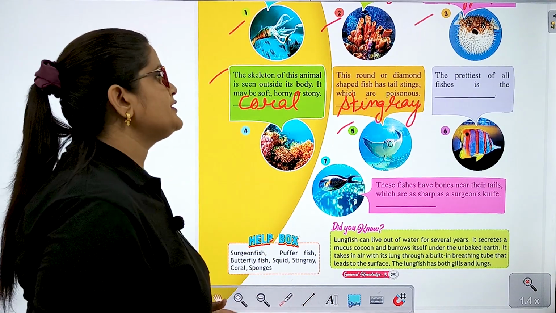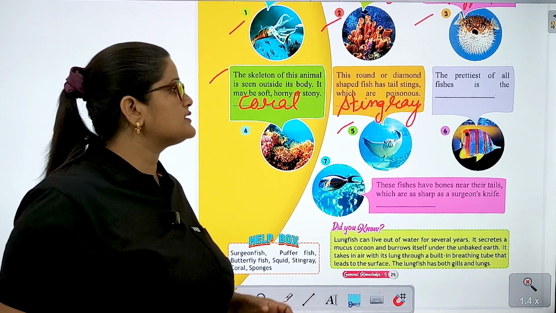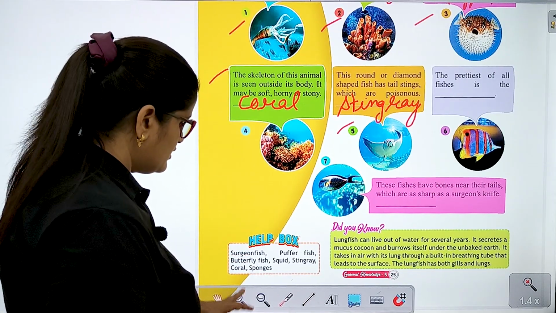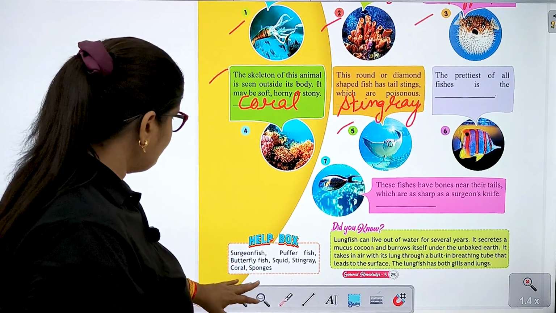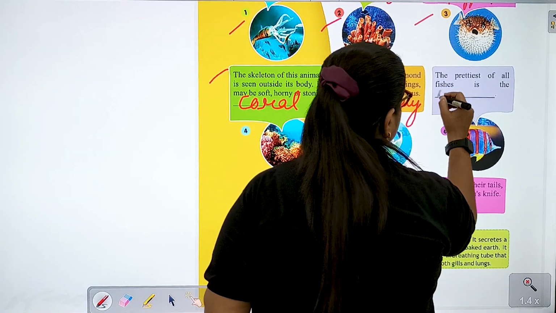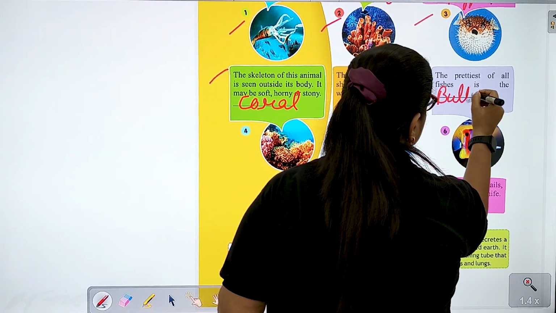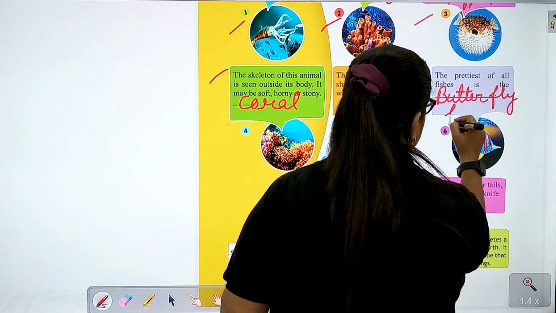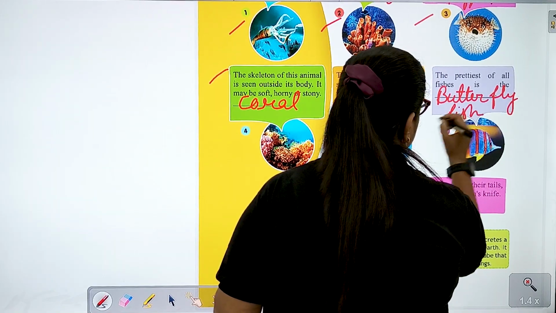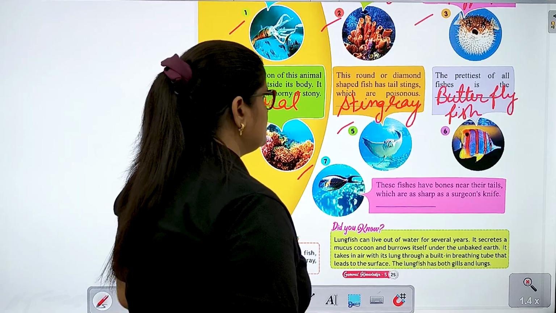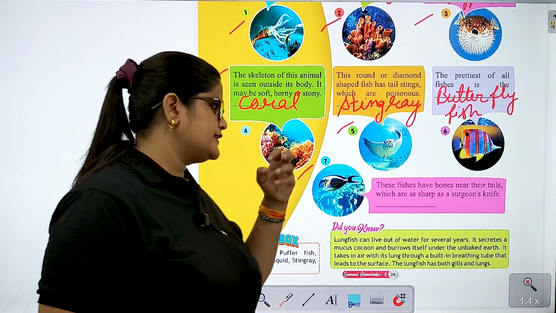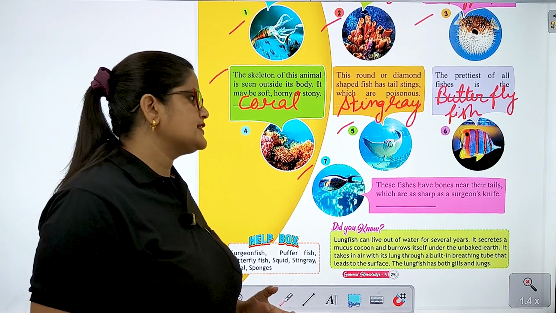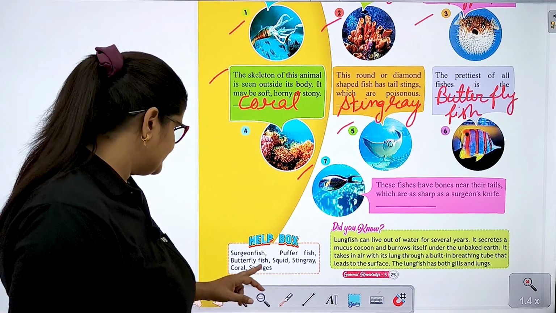Number 6, this prettiest of all fishes is the butterfly fish. Number 7, these fishes have bones near their tails which are as sharp as a surgeon's knife.